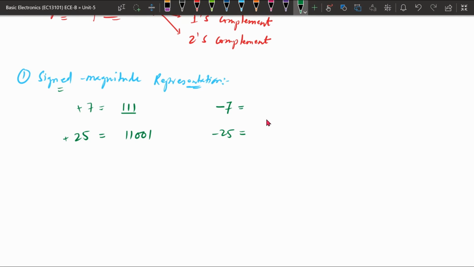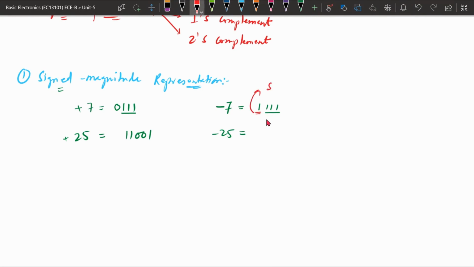We add an extra 0 in the case of a positive number. Similarly, for a negative number, instead of 0 we place 1, and the remaining 111 will be the same. So 111 is the representation of plus 7, but to represent it in minus we add one extra bit, that will be your sign bit.